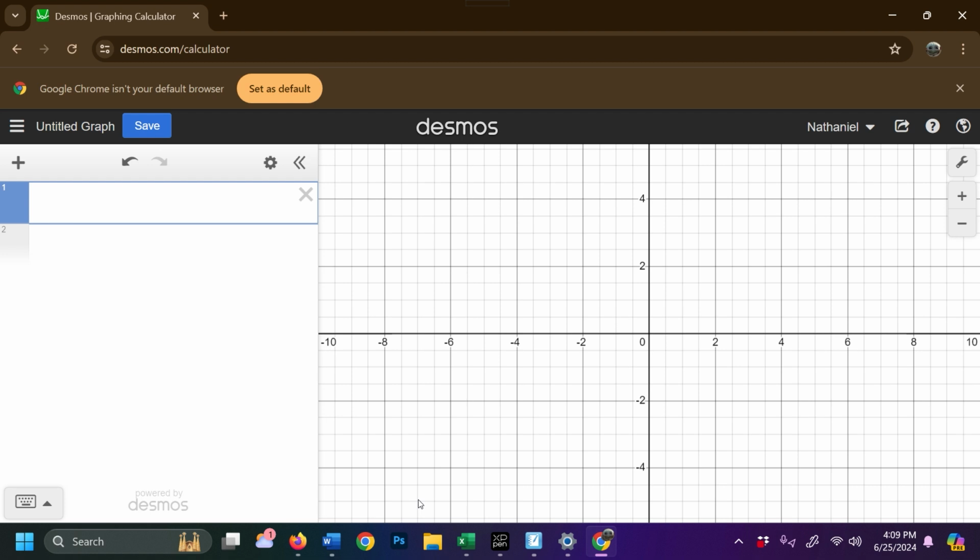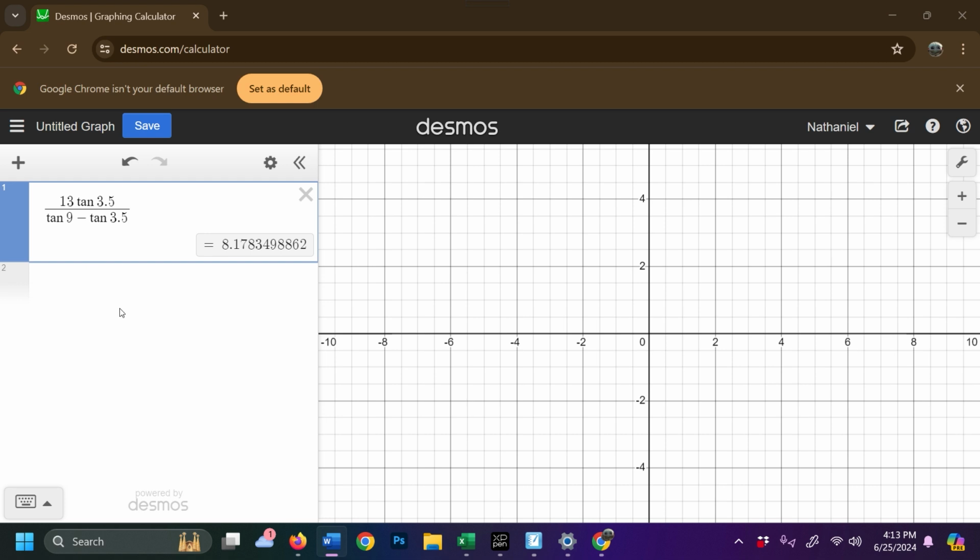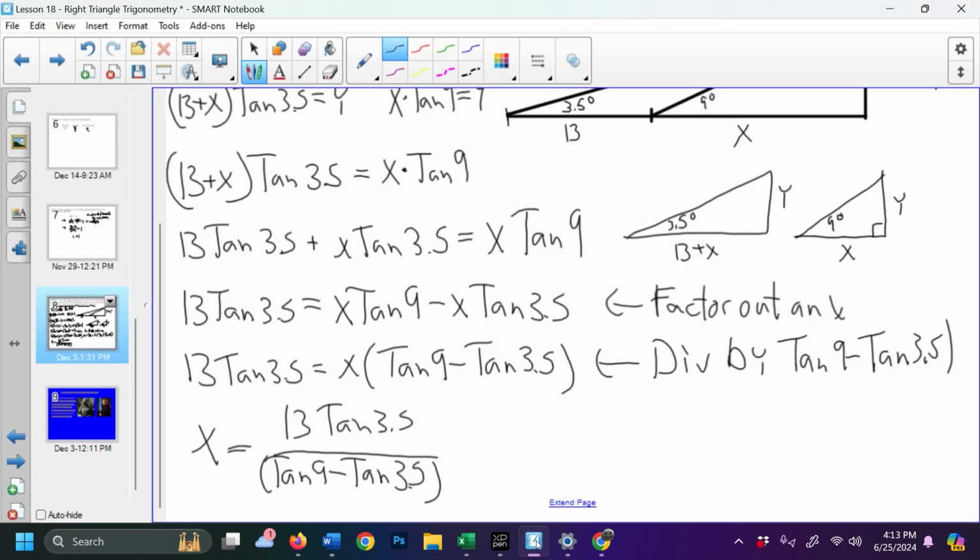It was 13 tangent 3.5 all divided by the tangent of 9 minus the tangent of 3.5. So x is equal to 8.178 miles.